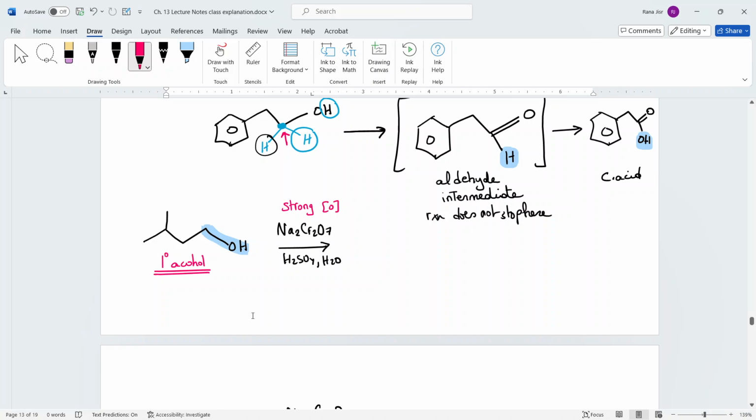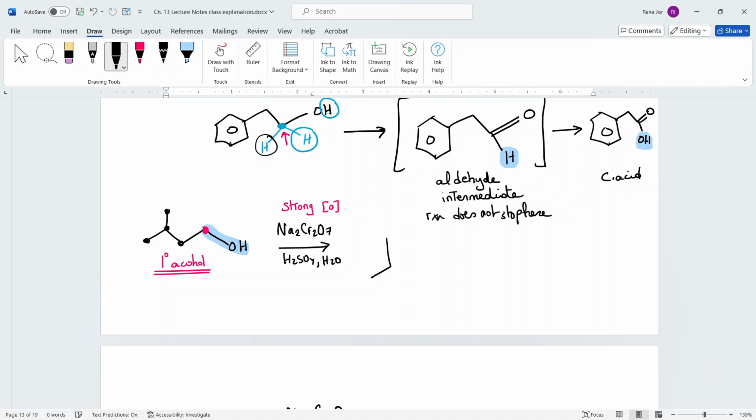Oxidizing agents, normally I represent them by an O in brackets like this. So primary alcohols and strong oxidizing agents will give me carboxylic acid in there. They won't give me aldehyde. They will go all the way and oxidize to carboxylic acid. So I am going to locate that carbon, and this carbon, I'm going to change it into a carboxylic acid. Keep the same number of carbons that you have, the same format that you have.